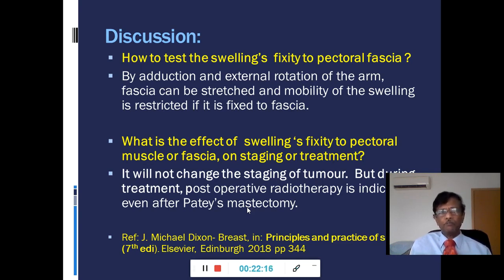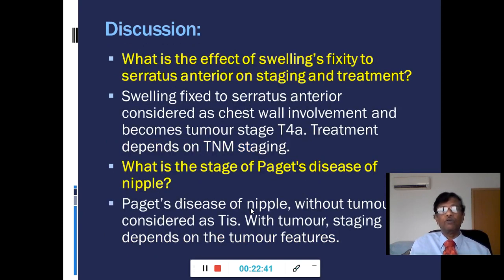During the treatment, post-operative radiotherapy is indicated even after Patey's mastectomy. So when the swelling is fixed to the pectoral muscle or fascia, the staging will not be altered, but the patient requires post-operative radiotherapy even after Patey's mastectomy. What is the effect of a swelling fixed to serratus anterior on staging and treatment?